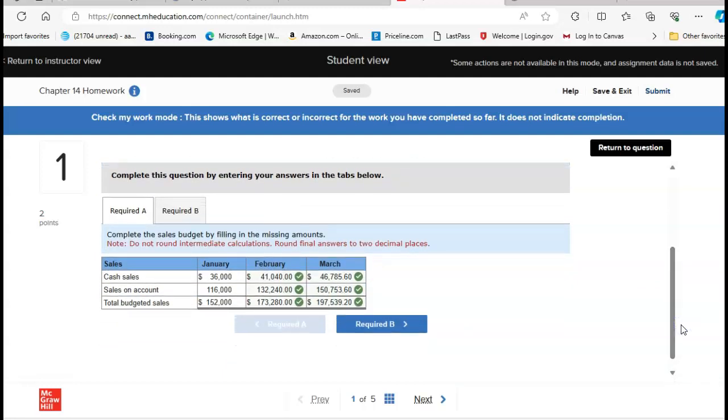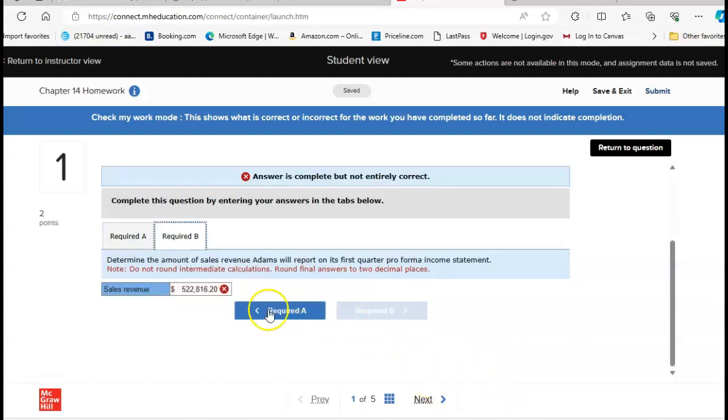Because again, that should be our total budgeted sales, 152,000 plus 173,280 plus 197,539.20 gave me 522,819.20. Did I put in something different? Yep, I did. I put in 816. See, a simple calculation error messed me up.